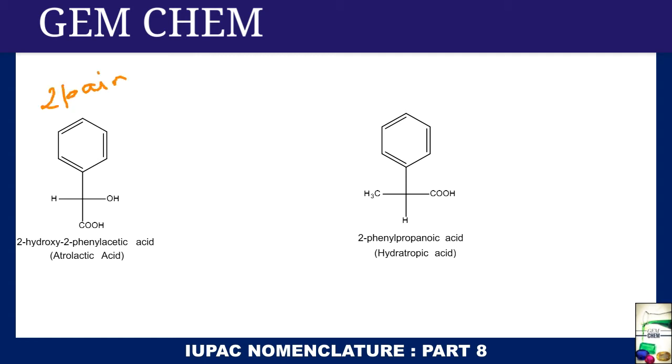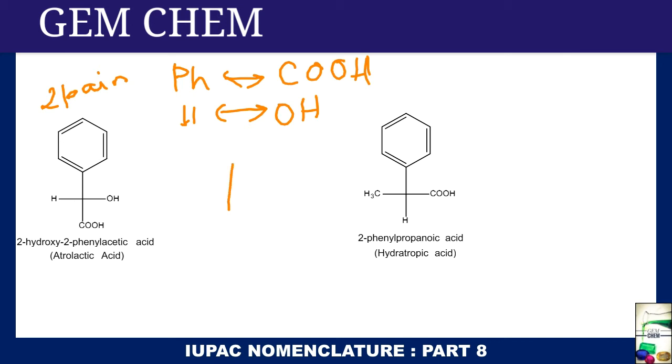That is, pH can be replaced by COOH and COOH replaced by pH, or we can do another pair, which is the H and OH exchange. So this makes it like this: here comes COOH and here comes H, here comes OH and here comes pH, and we get an equivalent Fischer projection.